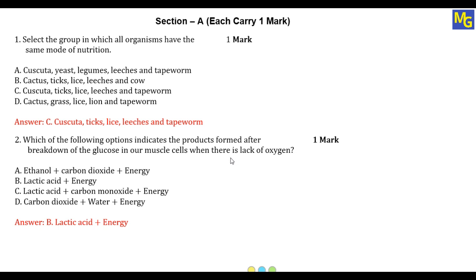Inside the cell, the glucose which we got from nutrition breaks into smaller, simpler chemicals. Here they have asked, especially in muscle cells, when glucose is broken down when there is a lack of oxygen.